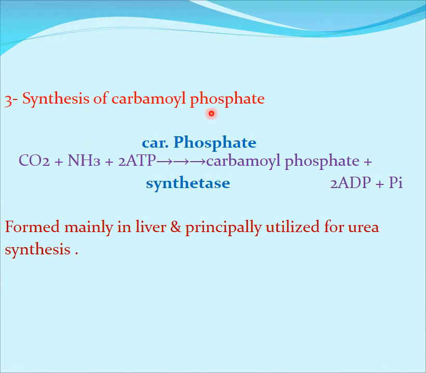Carbamyl phosphate is an important intermediate product involved in the synthesis of urea, which we will discuss in the next lecture. CO2 plus ammonia with 2 ATP, by the important enzyme carbamyl phosphate synthetase, carbamyl phosphate will be formed plus 2 ADP and Pi.